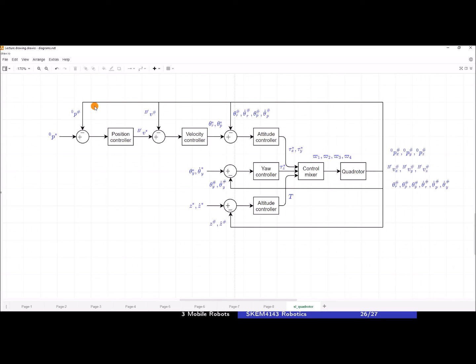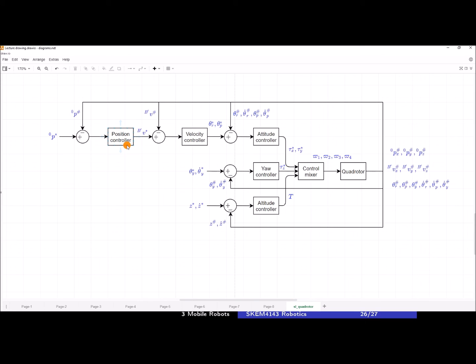In order to make the quadrotor move to a certain position, which is given by our reference X and Y position, we compare it with the actual X and Y position and feed it to our position controller.